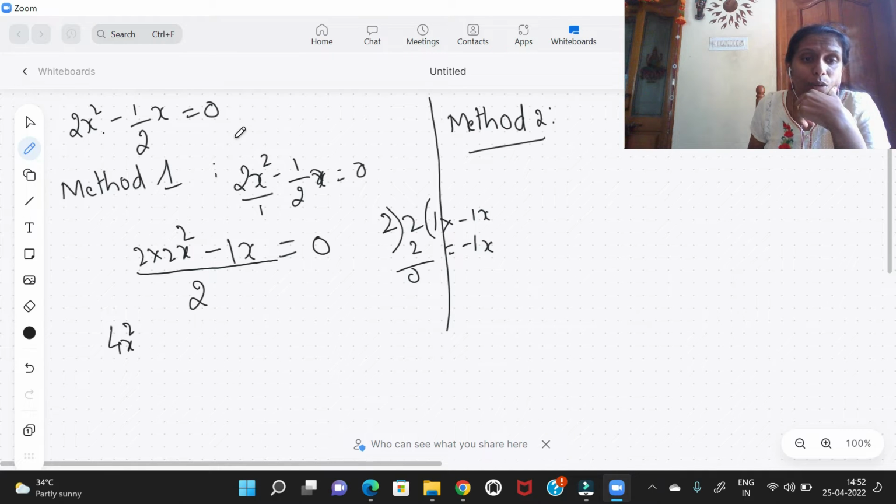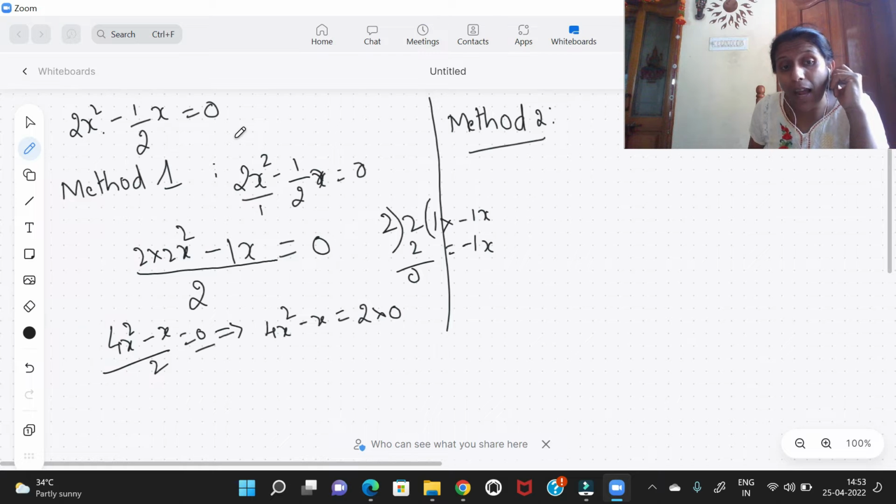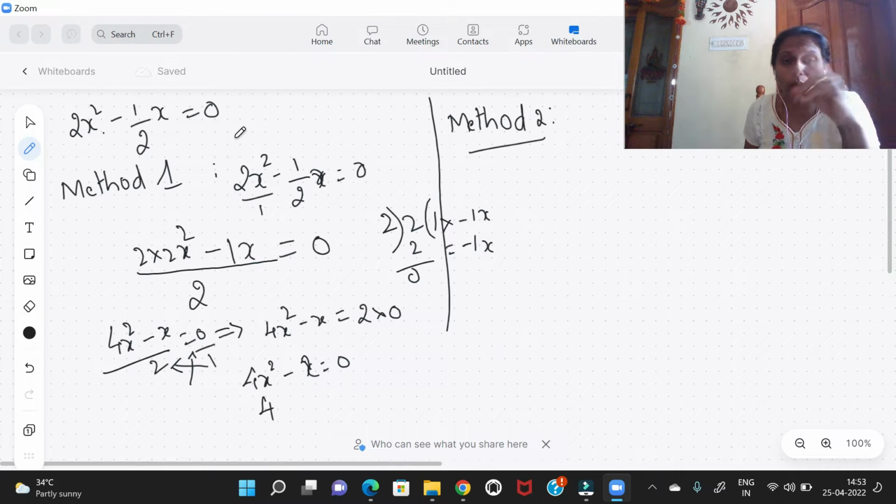Therefore 4x square minus x by 2 is equal to 0. Now this will reduce to 4x square minus x is equal to 2 into 0. That is, I am doing a cross multiplication, right? So 4x square minus x is equal to 0. Now, there are two ways.